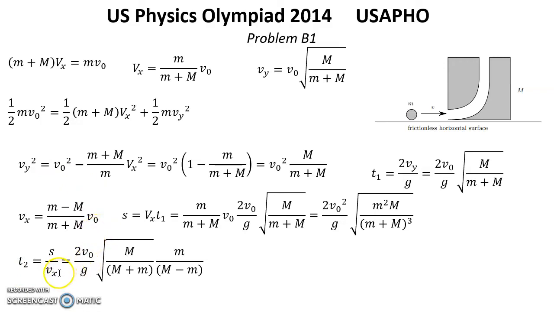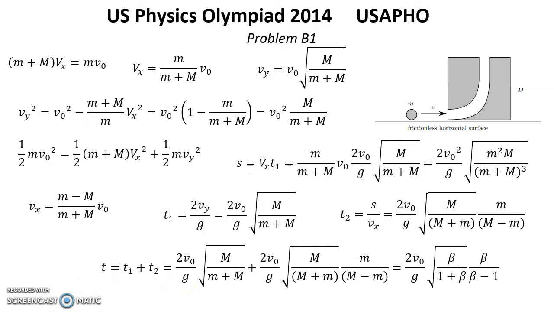And we have to take a positive value. That will be this expression, and the total time will be t equal t1 plus t2. Finally, when we use beta, which is equal big M over small m greater than 1, we have this formula for the total time. That's the answer for question A.